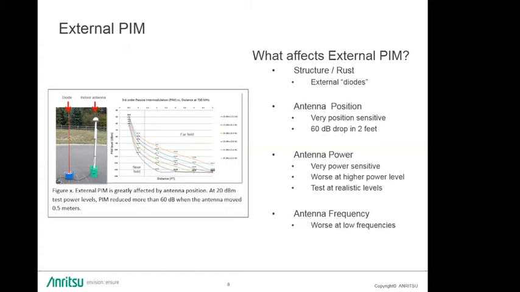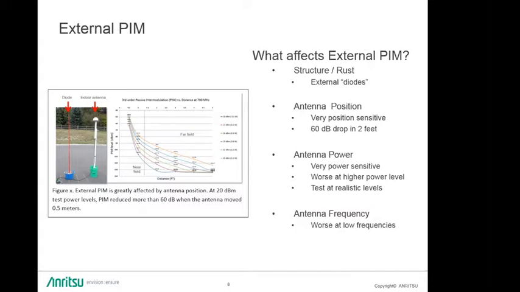Another issue that's very important is the antenna power. If you're used to testing a macro site, you're probably thinking, well, I'm going to do my PIM testing at 2 times 20 watts, and I have half a mile in front of me before I hit anything that's metal, and I'll just go and test my antennas and make sure they're really good.